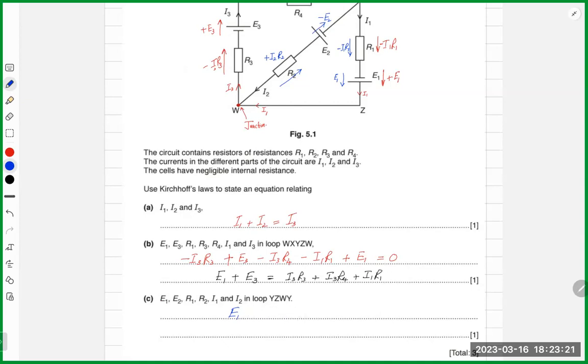or I could do it like this, minus I1R1 plus E1 plus I2R2 minus E2 equal to 0.